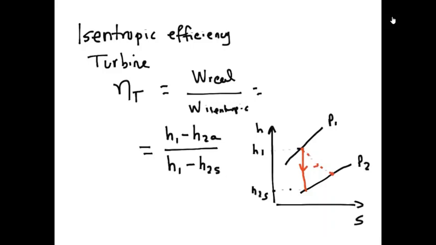We're going to call this H2A. So for the isentropic efficiency, you might see that since H1 minus H2A is smaller than H1 minus H2S, this has to be lower than 1. This is called the isentropic efficiency of the turbine.